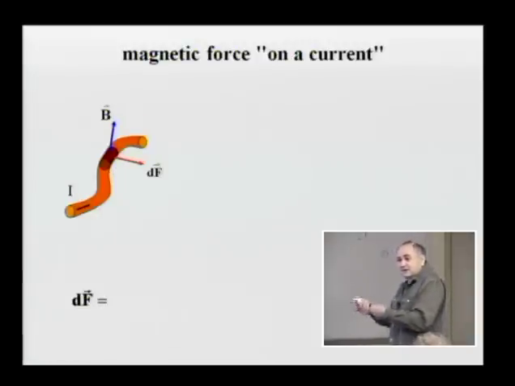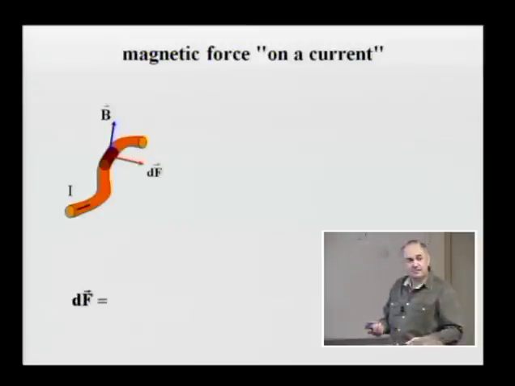Which means that the lattice exerts a force which balances the magnetic force, right? Now, according to Newton's second law, if the lattice exerts a force which balances the magnetic force, it means that the charge carriers exert a force on the lattice equal to the magnetic force.